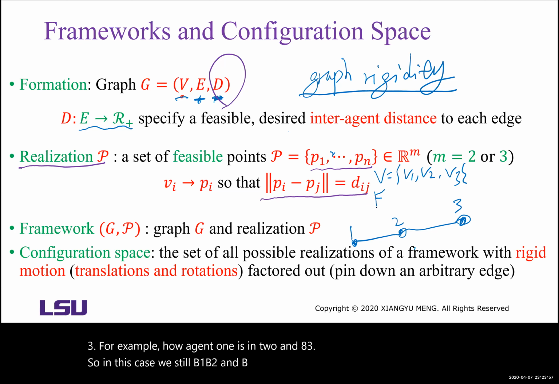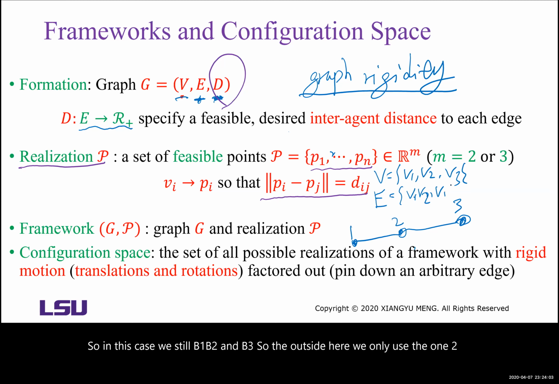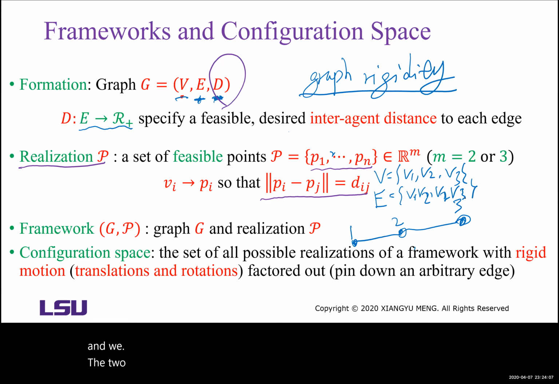The edge set here, we only use V1V2 and V2V3. Okay, so let's specify the D matrix. D12 is 1, and D23 is 1.